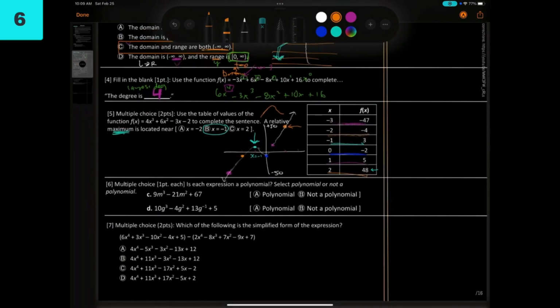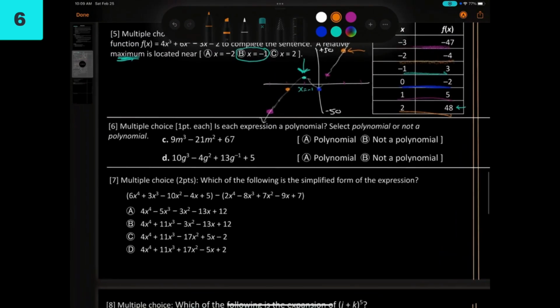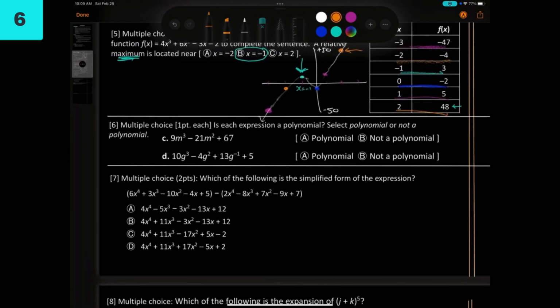Number 6, is each expression a polynomial? Select a polynomial or not a polynomial. Polynomials have degrees, or their exponents, that are all positive, so no negatives. You can't have variables in the exponent, no fractions or decimals, okay?